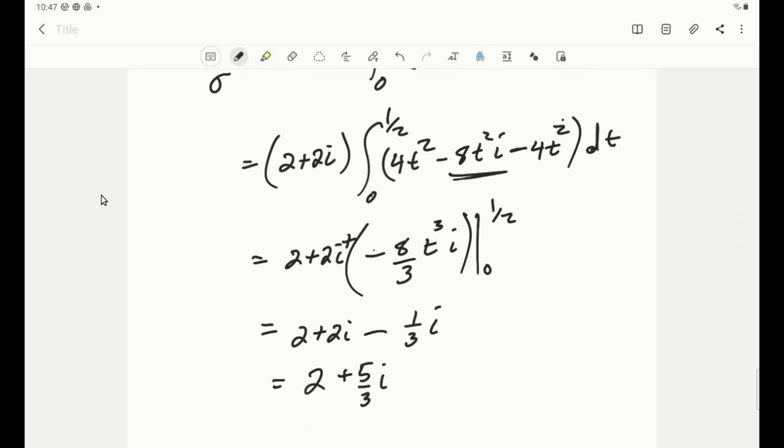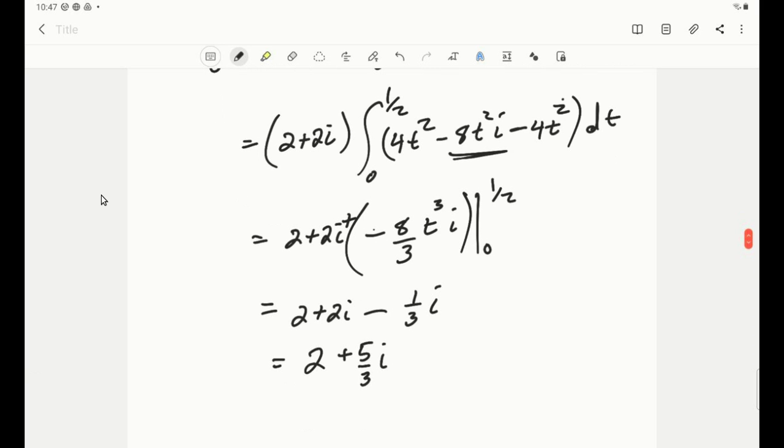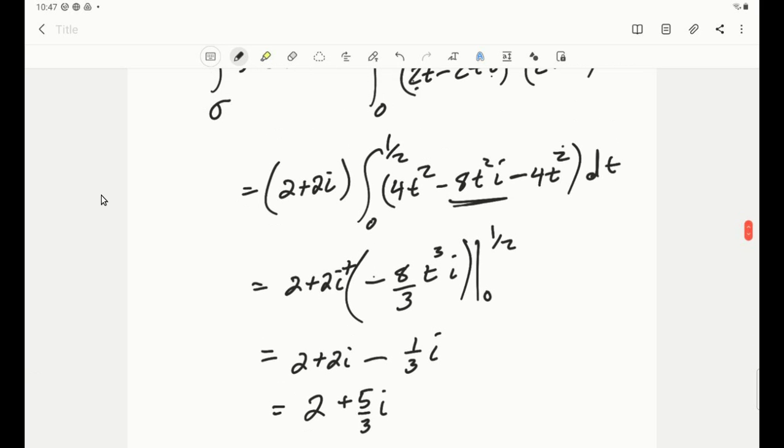So again, yell at me, people. Back here, I had this step with the 2 plus 2i times everything, and then all of a sudden, for some reason, I thought I was adding. I don't know why. So it was just a subtraction.